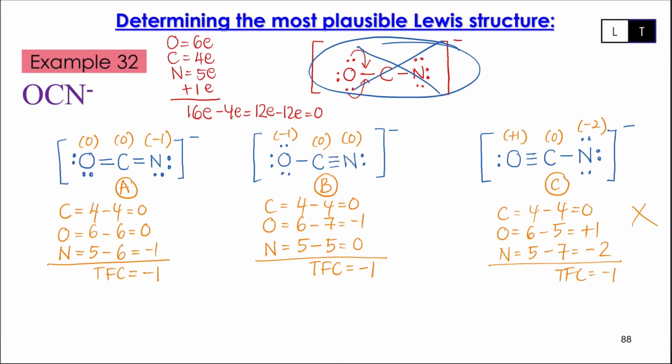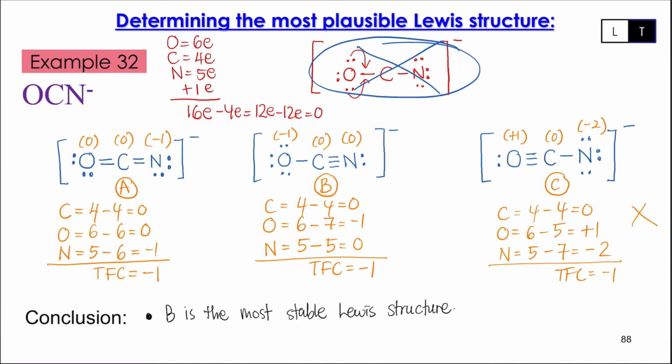So, inilah cara saya nak pilih. So, macam mana saya nak buat ayat yang proper? Saya akan buat conclusion. Choose the most plausible Lewis structure. So, point pertama saya, B is the most stable Lewis structure. And then reason dia kenapa, you have to explain a bit lah. Untuk point kedua di mana tadi kita talk about the final step iaitu negative formal charge is on the most electronegative atom, which is oxygen atom.